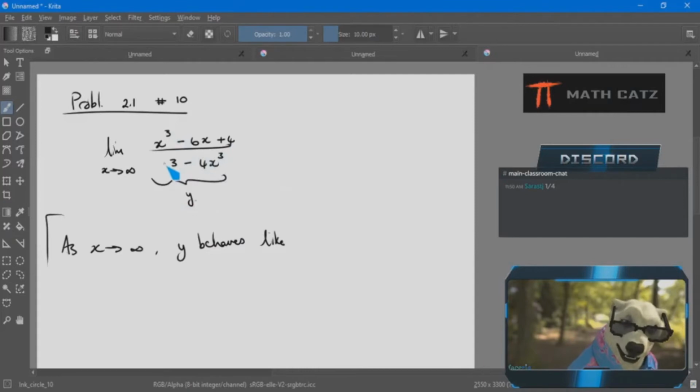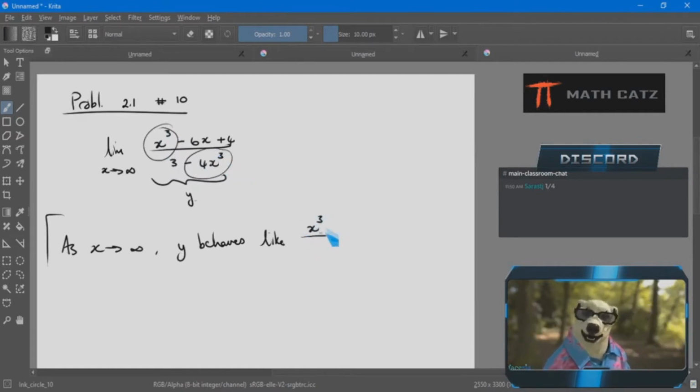And because it's a rational function, I look at the ratio of leading terms, and it behaves like x cubed. The top polynomial is dominated by its leading term because x is really big. Bottom polynomial, its leading term, it happens to be second. That doesn't matter.